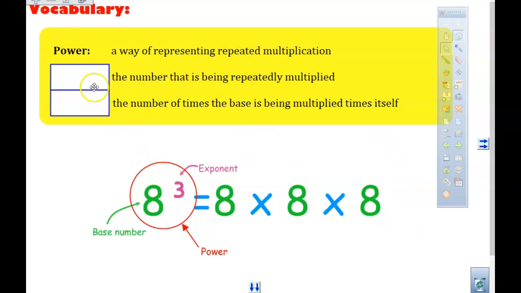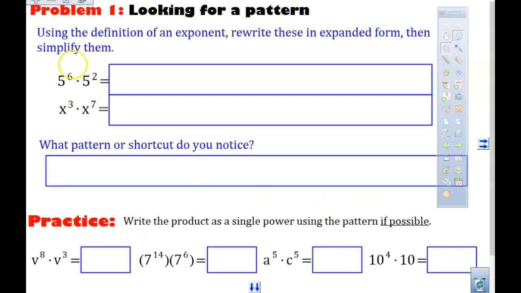The number that is repeatedly multiplied, that is our 8 in this case, is our base. And the number of times that it's being multiplied by itself is called our exponent. Please fill in those 3 words.